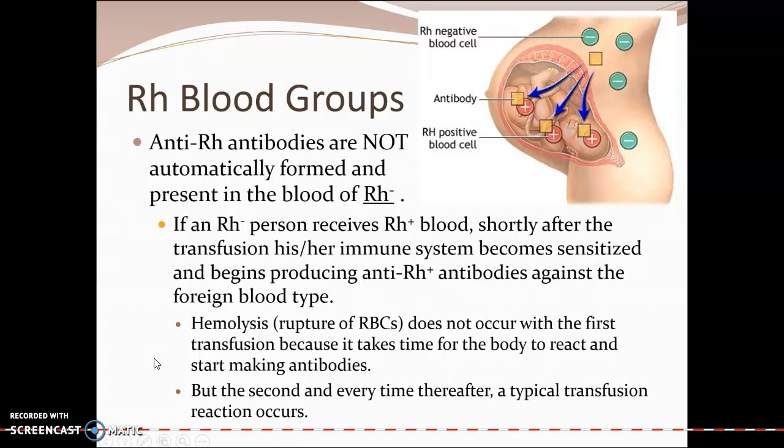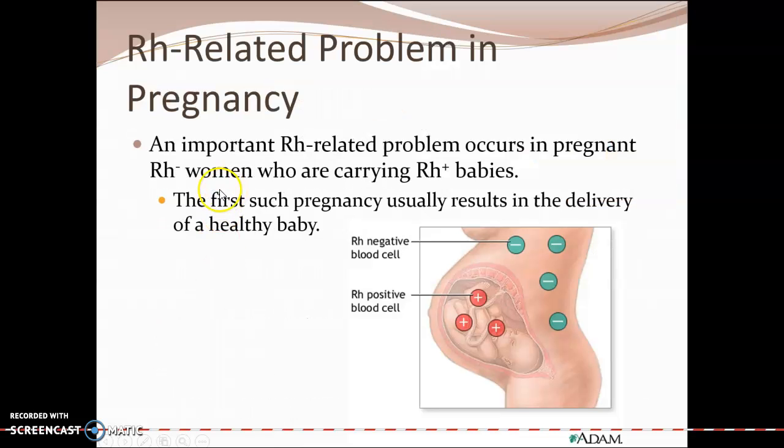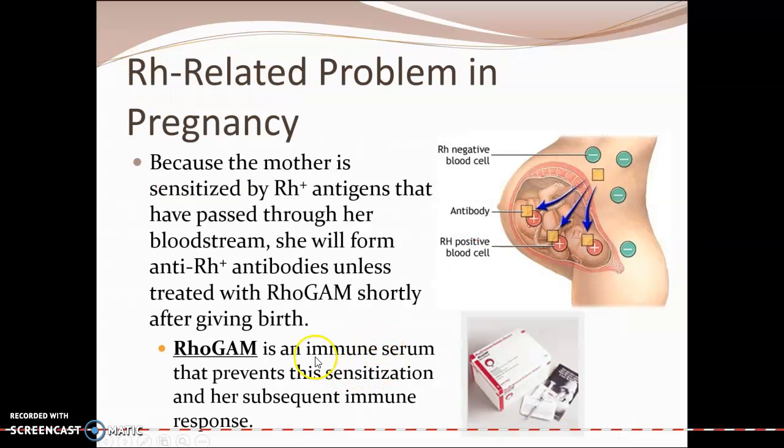Where it becomes a big problem is in pregnancy, because if a female has RH positive blood, but she is developing an RH negative baby or vice versa, then that blood can mix, and it can cause issues. The first time this happens, just like in transfusion, it's most likely not going to cause a problem. You can have a healthy baby. But if it happens again, then that's when antibodies get more and more developed, and it can cause more issues.